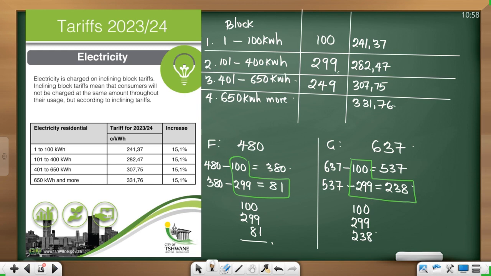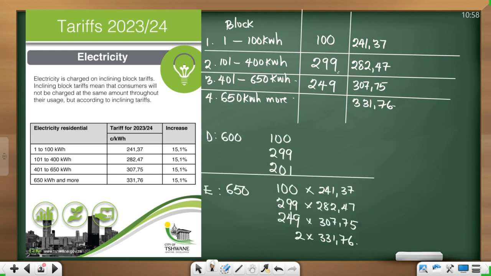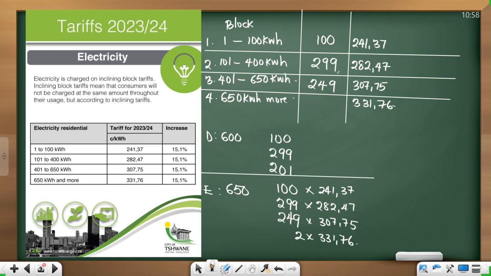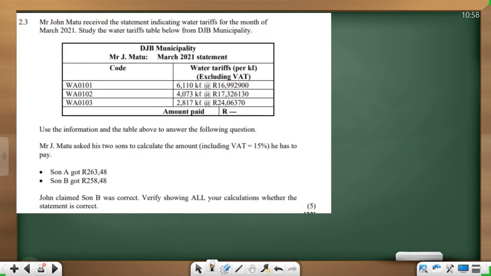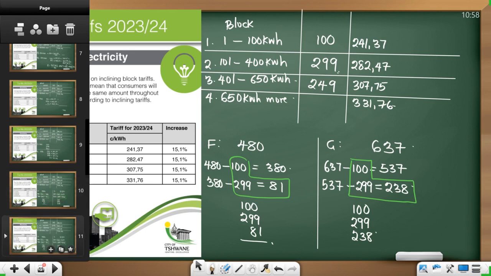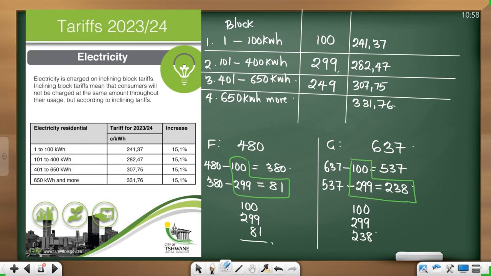Let's try this method with 600. Before we look at questions, I need us to get how to count the blocks.